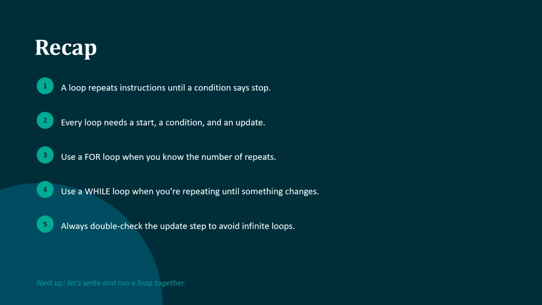We can make it dynamic, and we can use an array and its length, or a list or queue or whatsoever, to get the length of the iteration we will do in the loop. Use a while loop when you are repeating until something changes. In both, we can do the same thing.